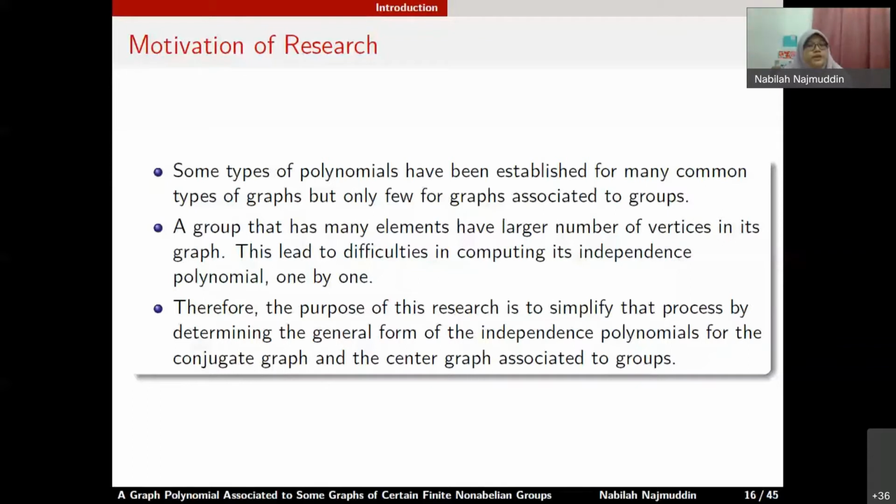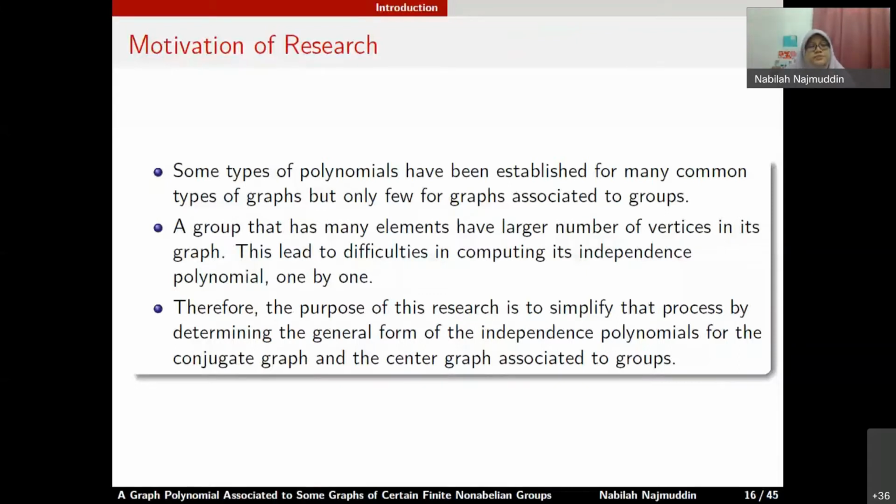A group can have many elements, and hence the graphs associated to that group will have a larger number of vertices, and this leads to difficulties if we want to compute the independence polynomial or determine the number of independent sets one by one. Therefore, among the purposes of this research, I would like to simplify that process by determining the general form of the independence polynomials for the conjugate graph and the center graph associated to the dihedral group and generalized quaternion group in this presentation.